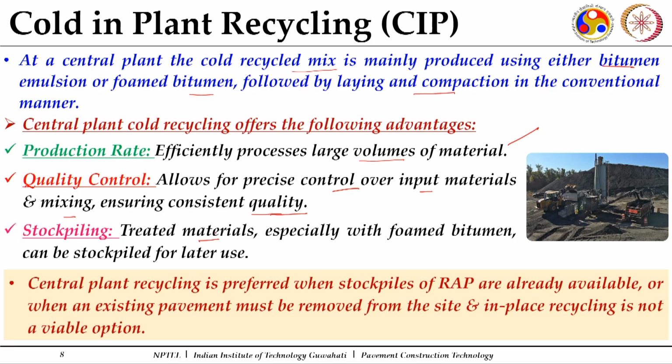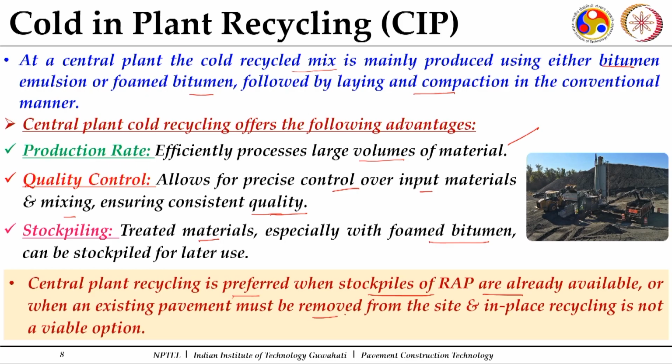Stockpiling treated materials: specifically in the case of foamed bitumen, it can be stockpiled for some time for use at a later period. Central plant recycling is preferred when stockpiles are already available. So, if you already have some RAP lying unutilized, then definitely cold in plant recycling will be a good option.